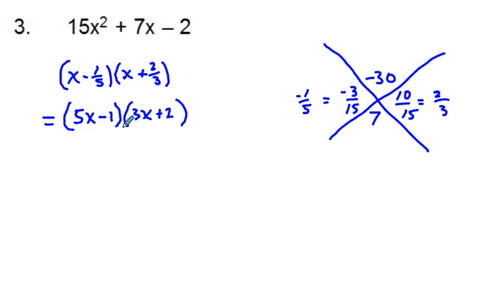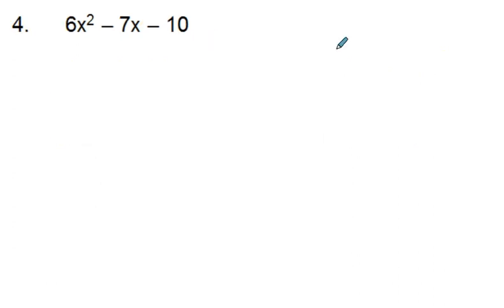Is that going to work out? Yeah, because we'll get negative 3x plus 10x. That's going to work out. I hope you're getting the hang of this. Now, number 4. Again, I invite you to work this out first if you can.